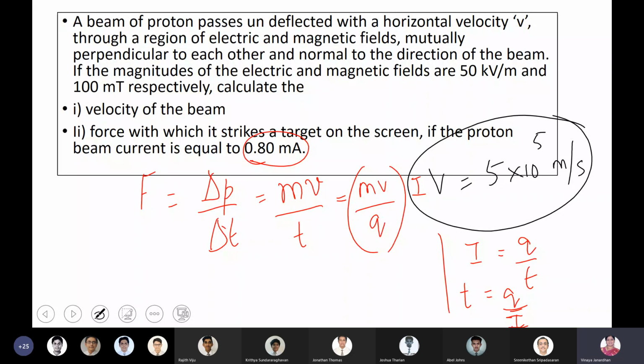Velocity is given, charge is 1.6 into 10 to the power of minus 19 coulombs. Unless they give you the mass of the proton, you can use the value of the mass of the proton.